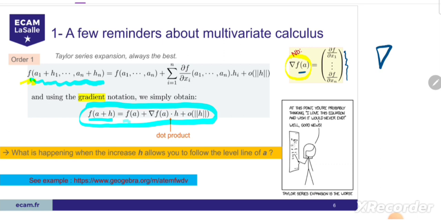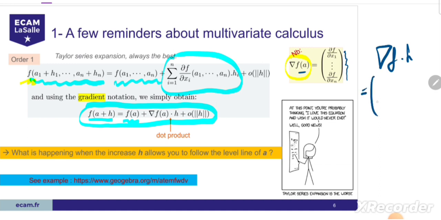That's going to be equal to, the best approximation is the value of f at point A, so that's this part, and the sum of the products of the partial derivatives times the corresponding displacement. We can really write it as the dot product of the gradient of f with h.